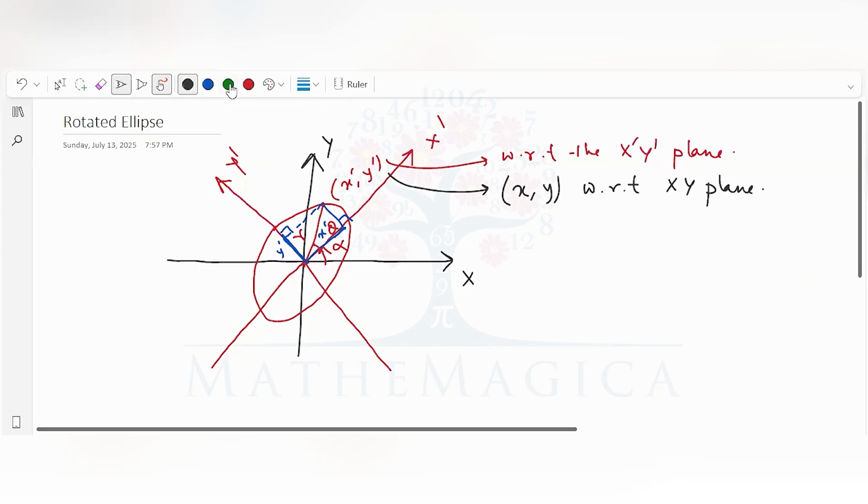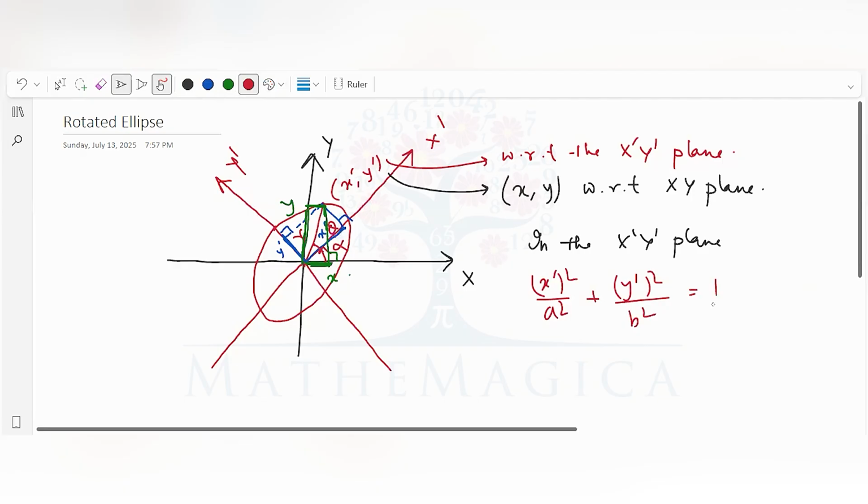Now what I mean by that is, if I drop a perpendicular here, then this is my x, and if I drop a perpendicular here, this length is my y. So I told you that in the x prime y prime plane, the equation of this ellipse would be x bar squared by a squared plus y bar squared by b squared equal to 1.